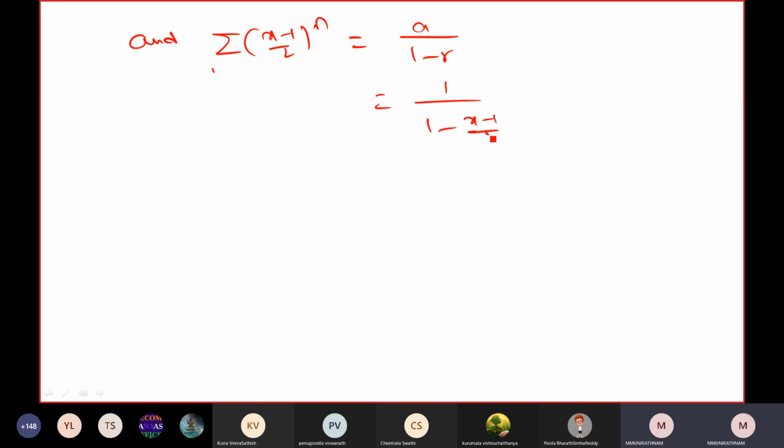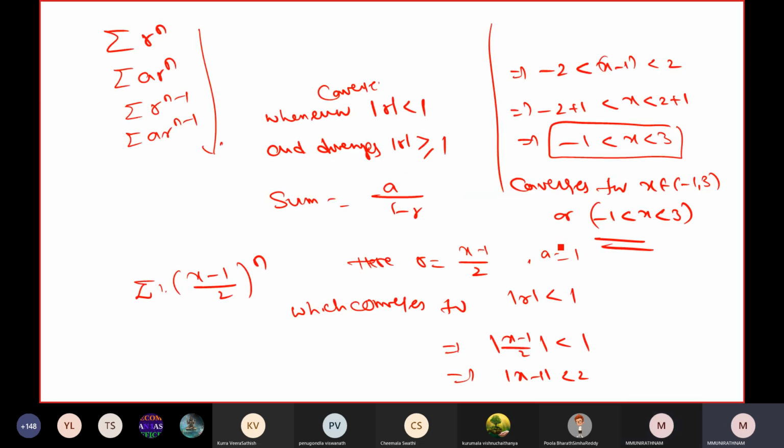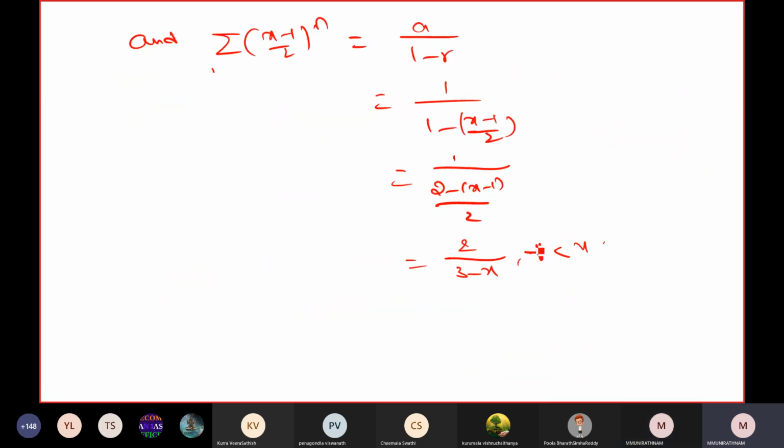And r is (x minus 1) by 2, so the sum is 2 by (3 minus x), for minus 1 less than x less than 3. Likewise, we can easily find the sum in the case of a geometric series.